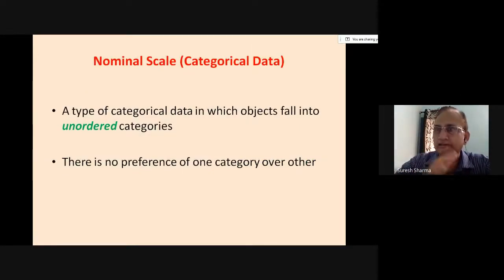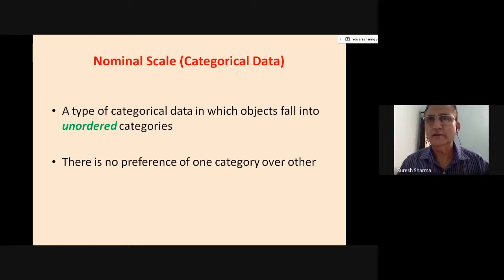For example, nominal scale for categorical data. Look at the first line. A type of categorical data in which objects fall into unordered categories. What does this mean? That means you cannot order the categories. For example, if I am looking at gender, it's male and female. But I cannot say that I will write male first and female later, or you can write female first or male later.